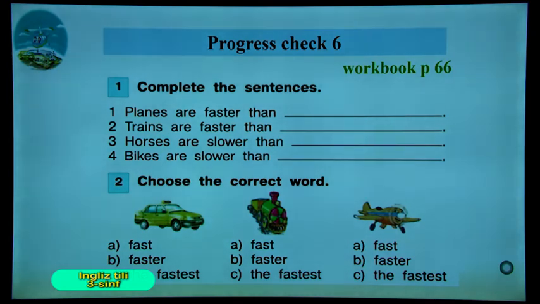Plane, fast, faster, or the fastest. You have to choose one of them. Javoblardan birini tanlashingiz to'g'ri keladi. So, have you completed? Okay.